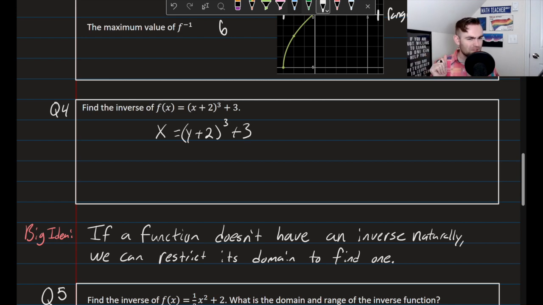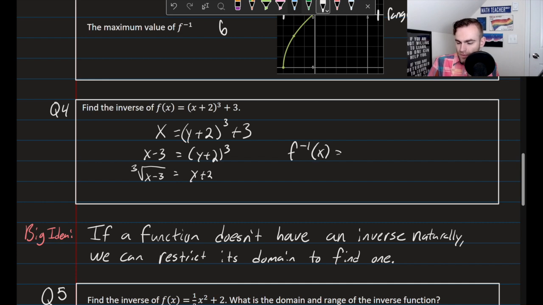But typically for functions we solve for the output, so we're going to solve this for y. So that gives this x take away 3 is equal to y plus 2 cubed. So the cube root of x minus 3 is equal to y plus 2. So f inverse of x is equal to the cube root of x take away 3 plus 2. Not bad.